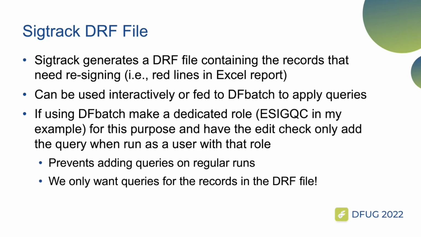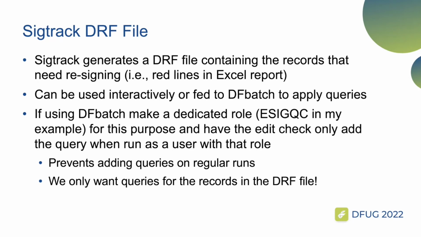So if you're going to do the DFbatch approach, you need to make a dedicated role. So in this particular case, I've called a role called eSigQC. And then you need the edit check to only add the query when it's run as that user with that role.